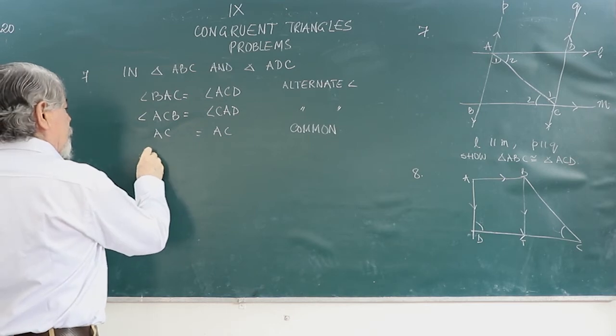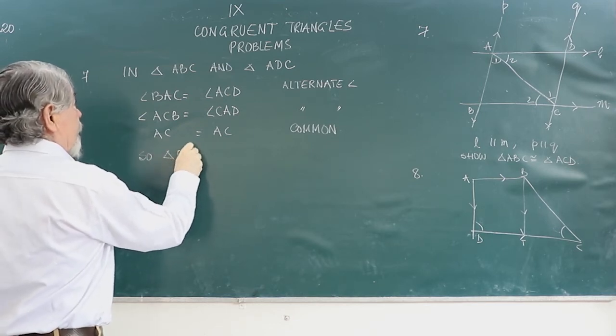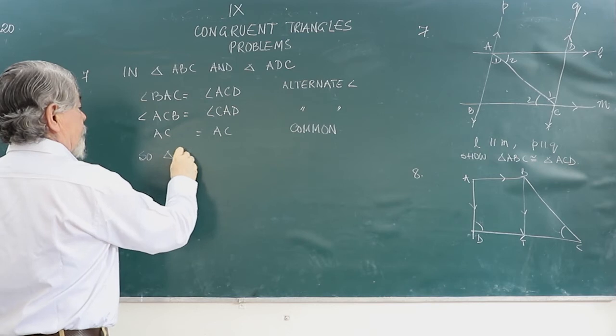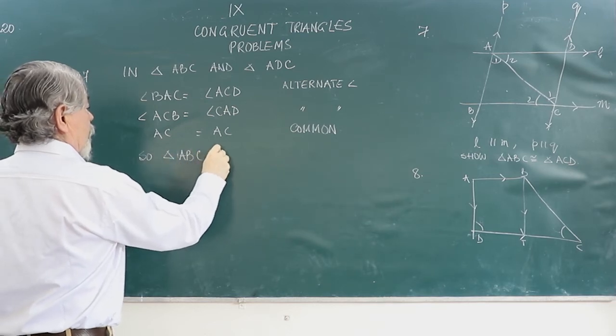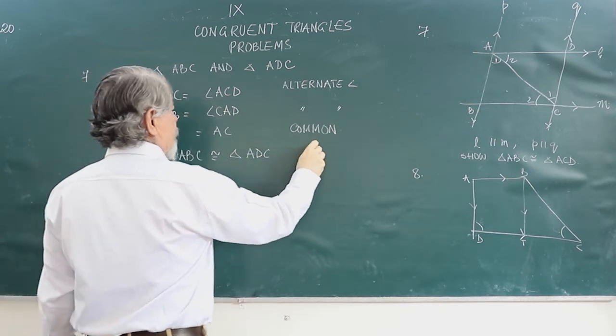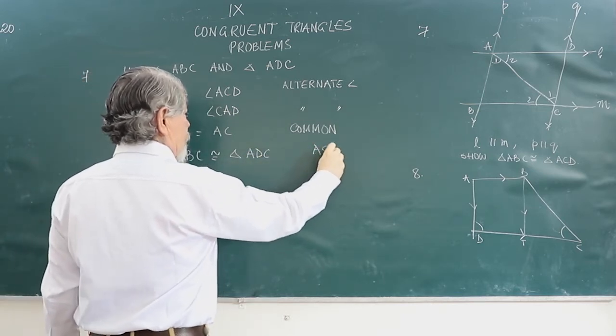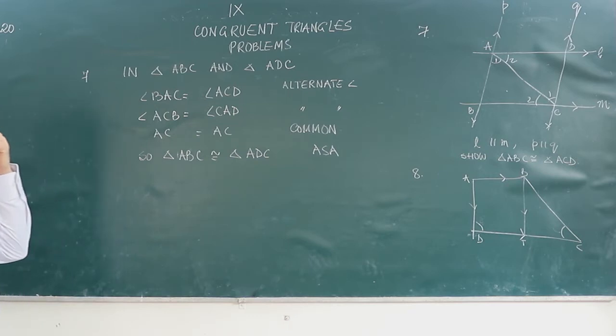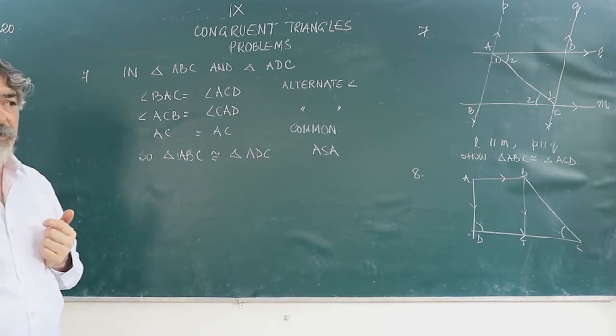So triangle ABC is congruent to triangle ADC. This is ASA. This is what we have to prove: show that ABC and ACD are congruent to each other.